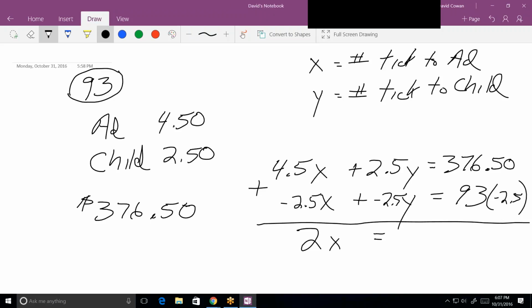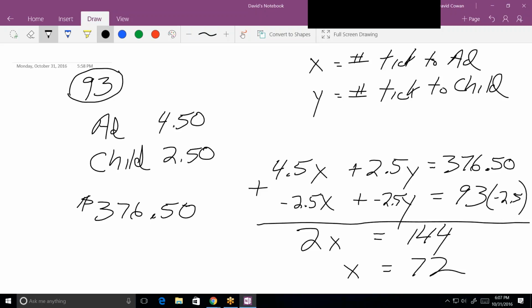Yeah, go ahead and do that. I'll bet it comes out to a whole number. Yeah, it does, I think. Minus 2, 2. Oh, 2x equals 144. Okay. So x equals 72. And which makes y equal what?